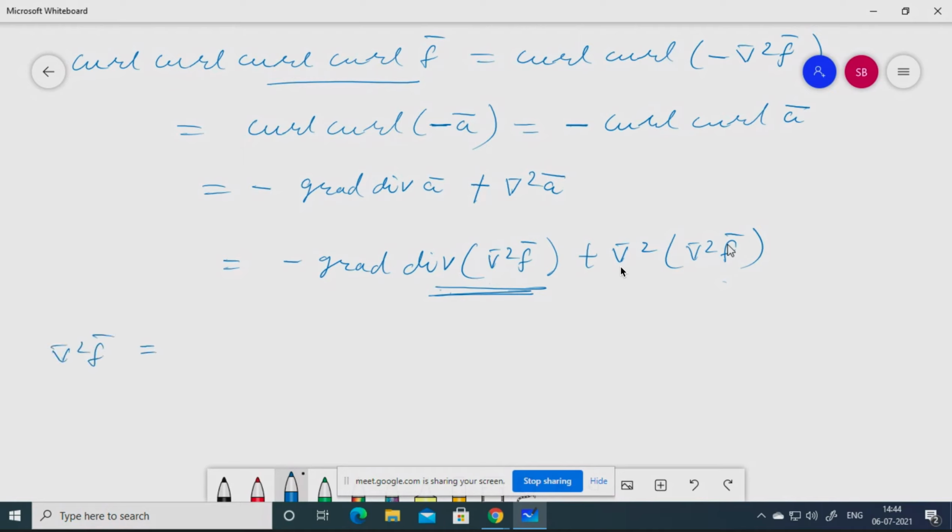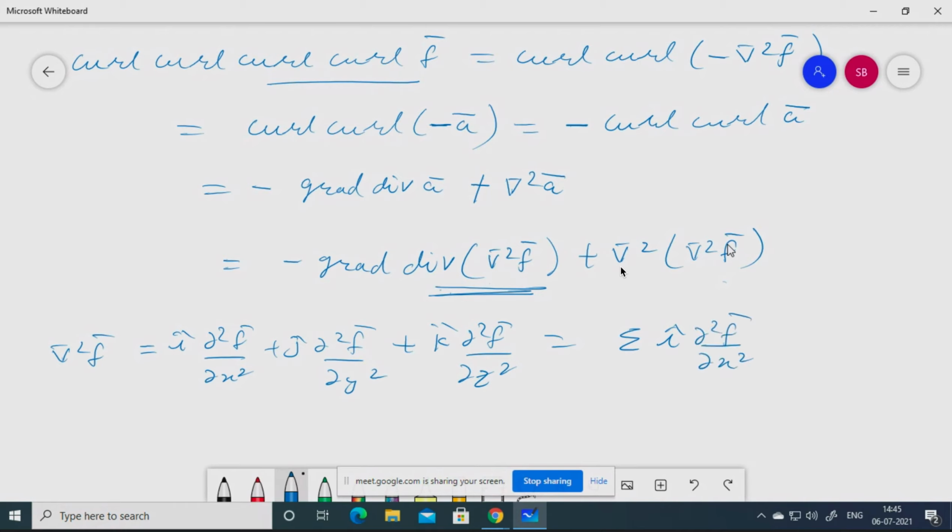Tell me. Del square f bar is nothing but i dou square f bar by dou x square plus j dou square f bar by dou y square plus k dou square f bar by dou z square. So in summation form, I can write it as summation i dou square f bar by dou x square.